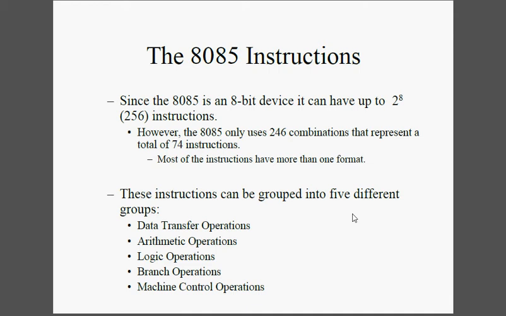Okay, and then I'm going to cover the 8085 instructions. Class, I think the most important thing that you have to master in this EKT 222 course is how to program the 8085. So you have to have the ability to write the program on your own. That's why I said the project is really important.